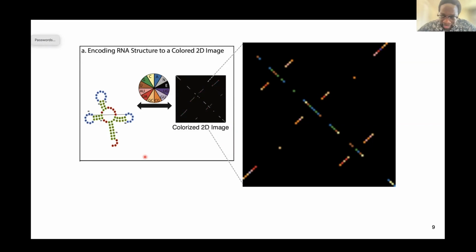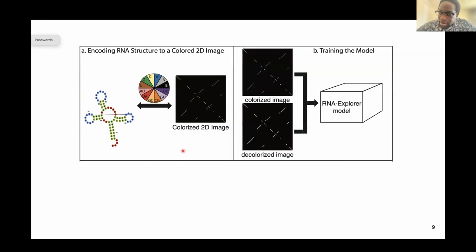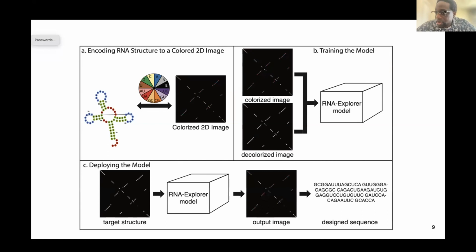So what we've done here is take secondary structure and encode it into a 2D colored image. One could imagine that if you remove the color, all you have left is just the structure. Going from this black and white decolorized image to a colorized image really is going from just structure to sequence. So you can imagine training machine learning models on pairs of decolorized and colored images, and then using that model to do the inverse design.